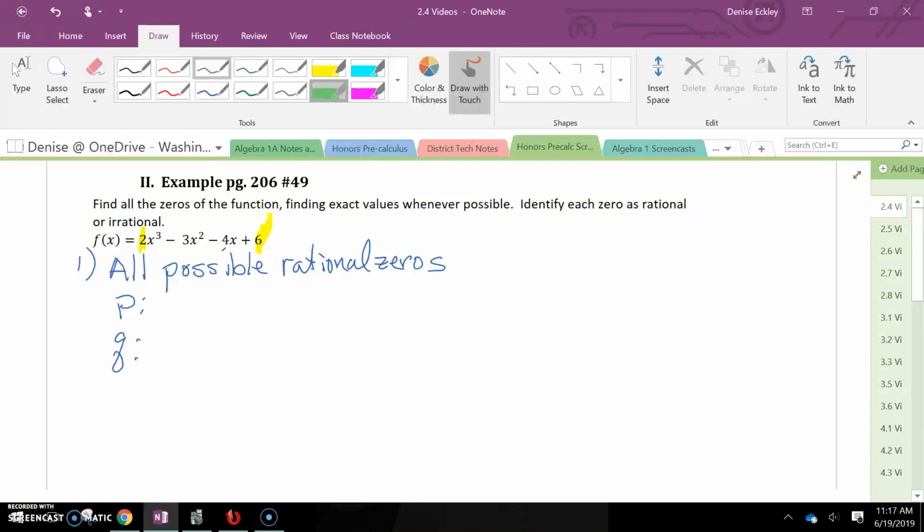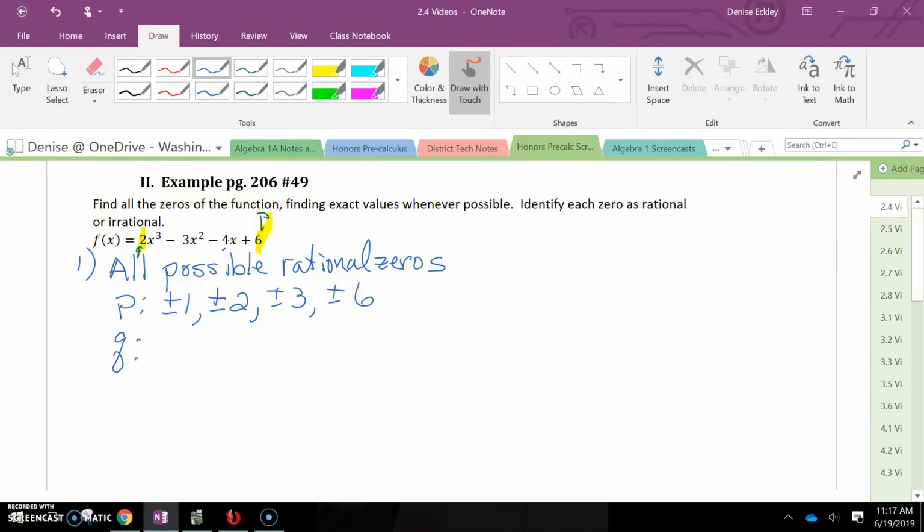So p's all come from the constant, and q's come from the leading coefficient. Okay, so to list all the factors, remember they could be positive or negative. So we're going to have plus or minus 1, plus or minus 2, plus or minus 3, and plus or minus 6. So we can get 6 by multiplying two of those factors together.